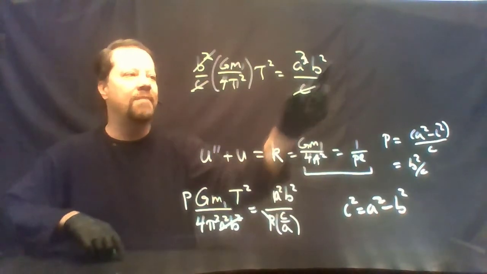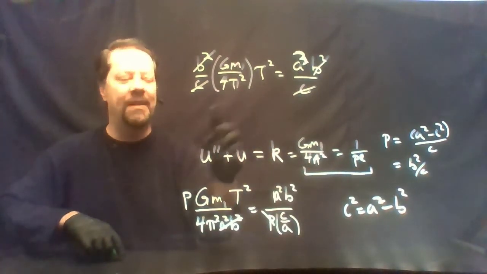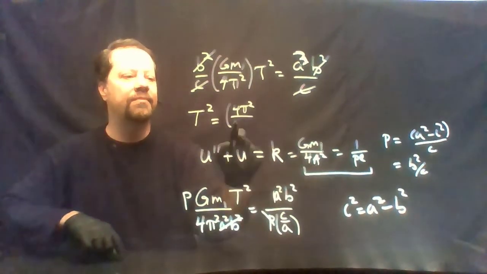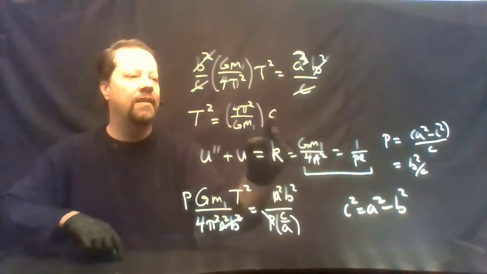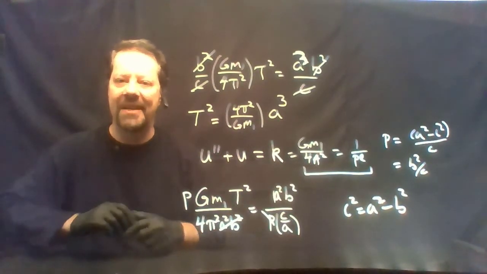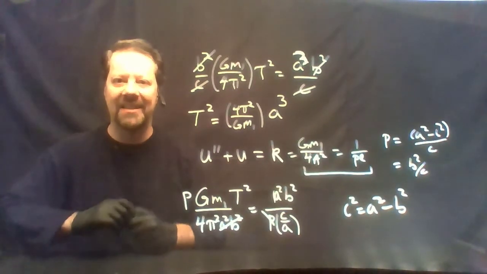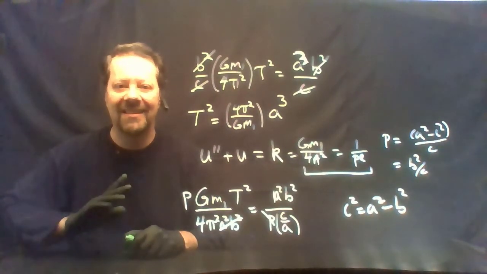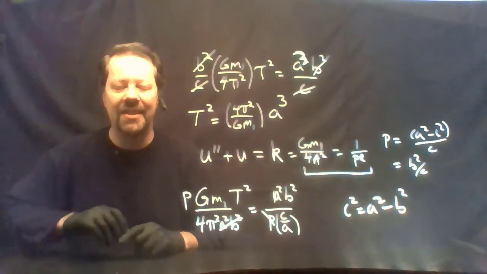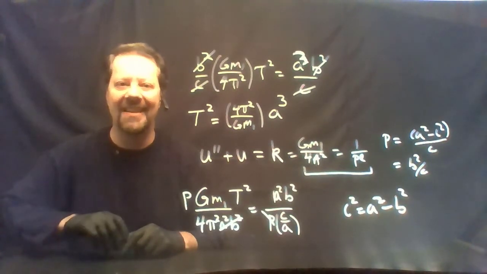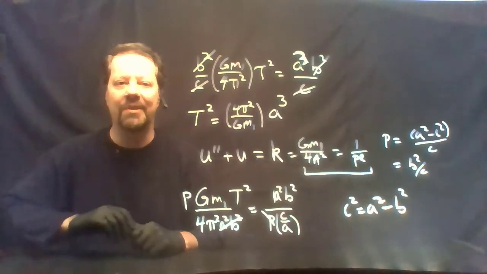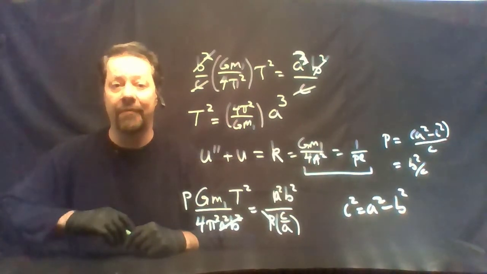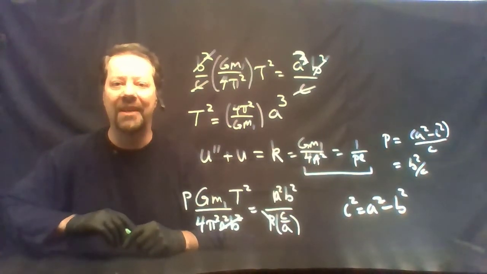The c will cancel, the b squared will cancel, and we'll be left with the square of the orbital period is proportional to the cube of the length of the semi-major axis, which is the mean distance. This proves that Newton's universal law of gravitation implies Kepler's third law as well. So this one principle, Newton's universal law of gravitation, together with his law of force, implies all three of Kepler's laws.